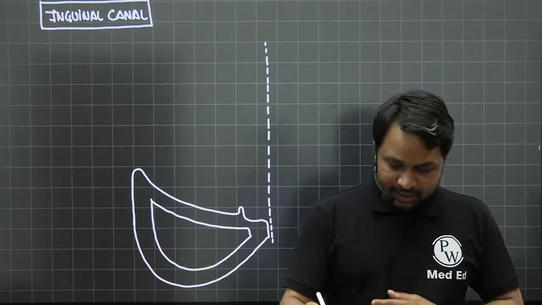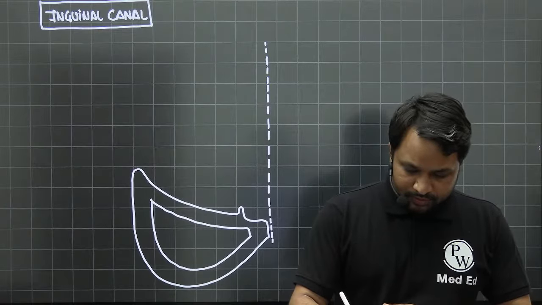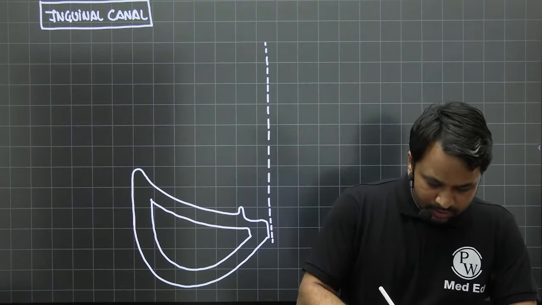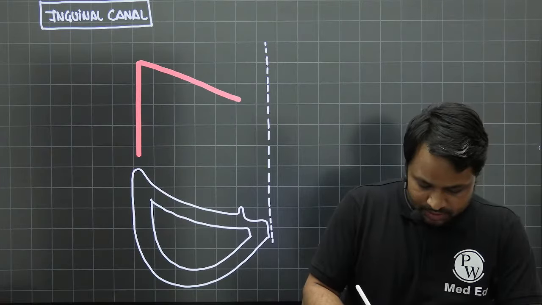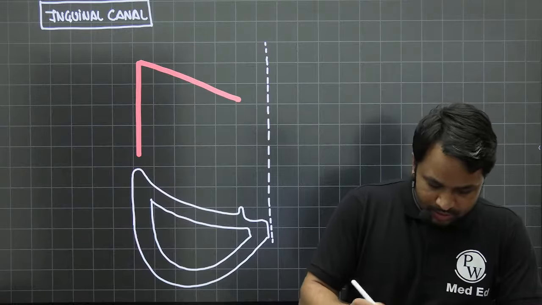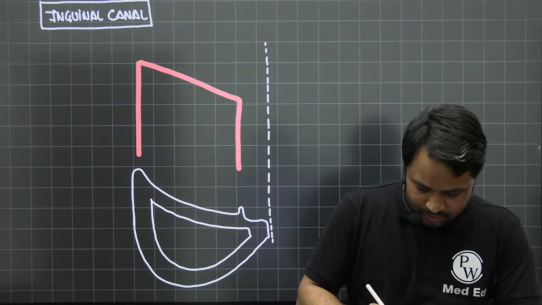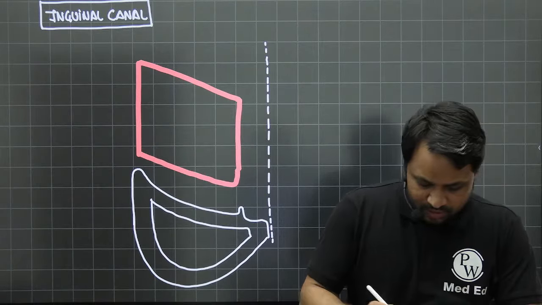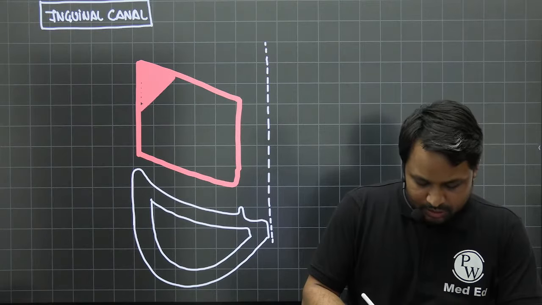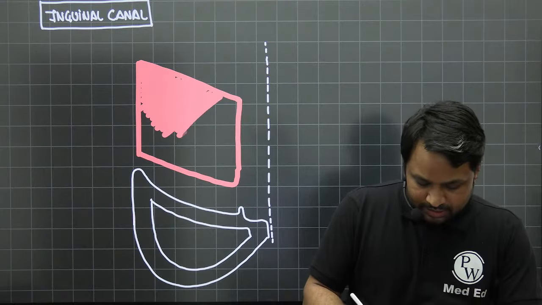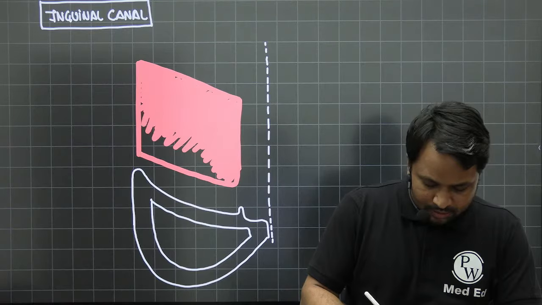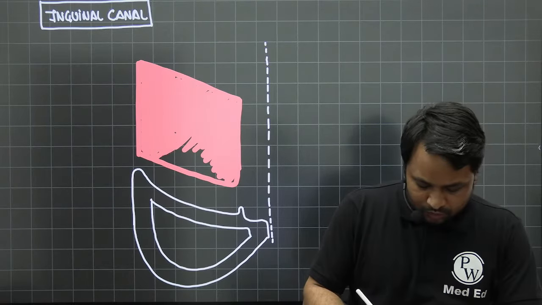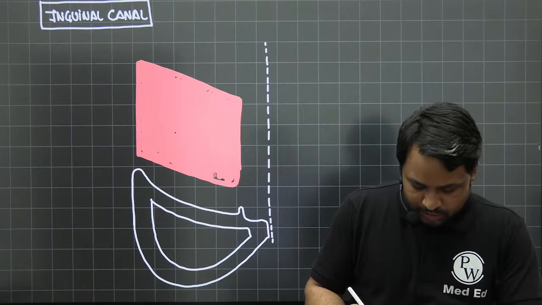Now, the external oblique muscle is going to be here. This is the orientation of the external oblique muscle. You need to understand that as the external oblique muscle nears the rectus abdominis muscle, it will start to form its aponeurotic tissue.